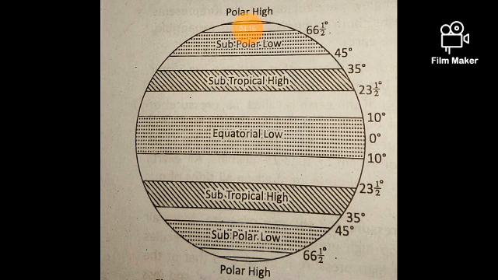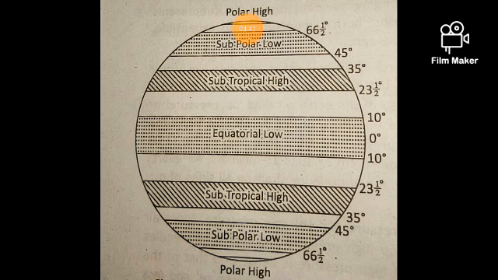Now I am presenting a picture on the screen which shows the 7 pressure belts of the earth. At first we have the polar high, and we can observe polar high in the 2 pole regions of the earth. Second, we have the subpolar low, which can also be observed in the northern and southern parts, which has low air pressure.